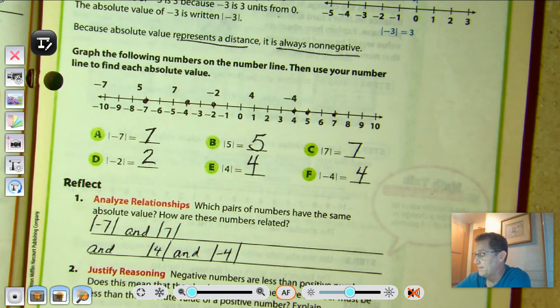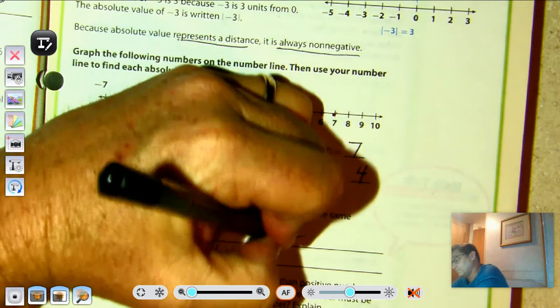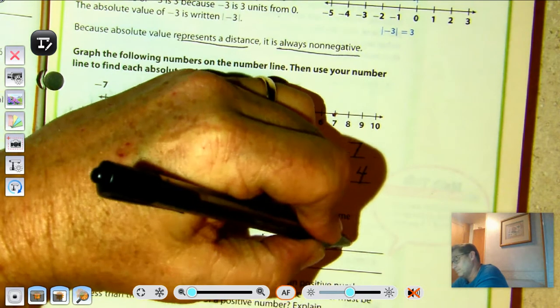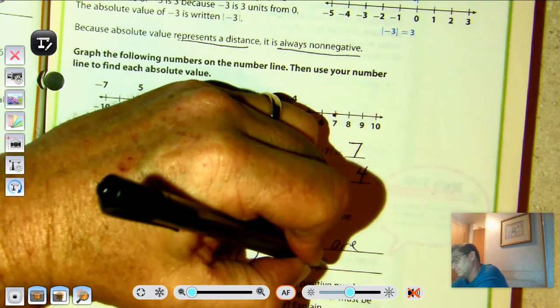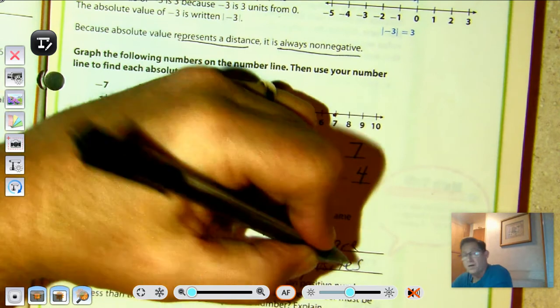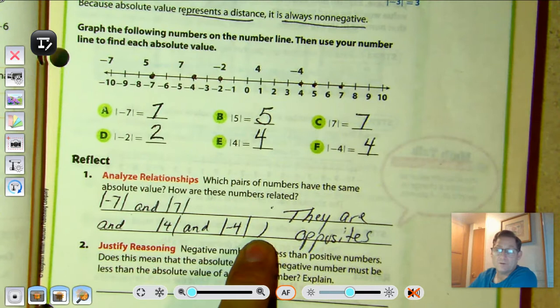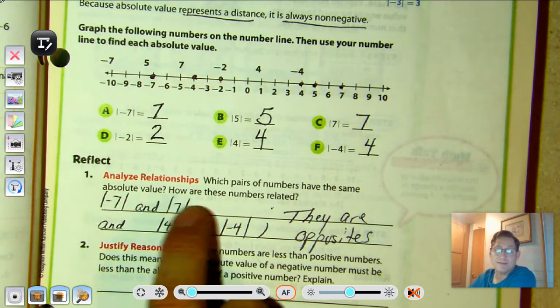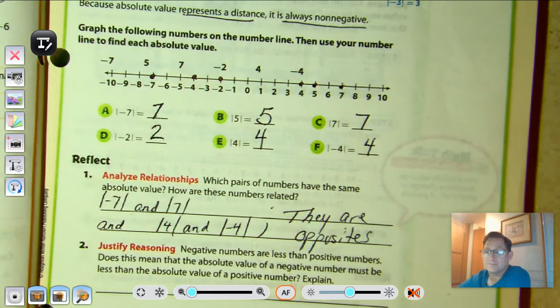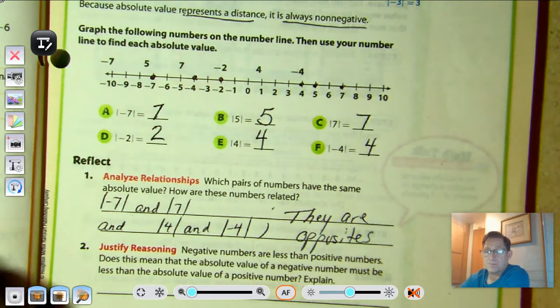How are these numbers related? Well, they're opposites. 4 and -4 are opposites. -7 and 7 are opposites. So their distance away from 0 is the same.